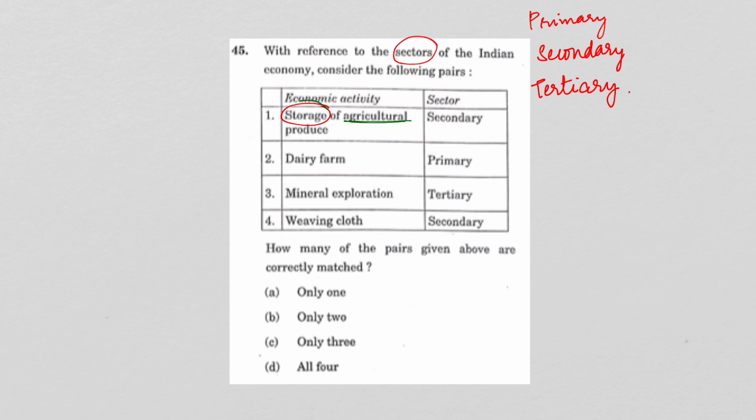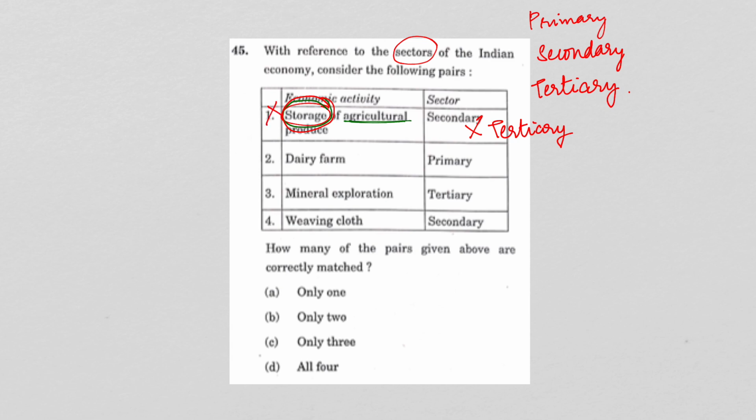But here storage means this is a service like warehouses, storage spaces or cold storage, such type of things. Like see, all these come under logistics or supply chain, or maybe these are all services. So this is not secondary sector, but services belong to tertiary sector. So this option is wrong.